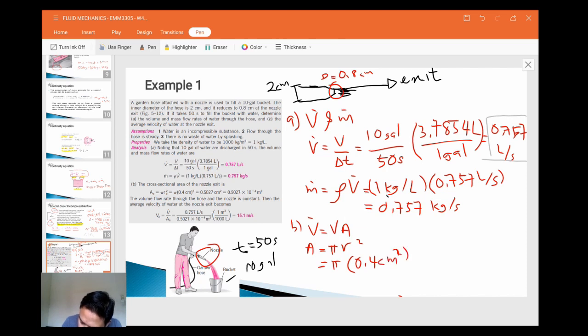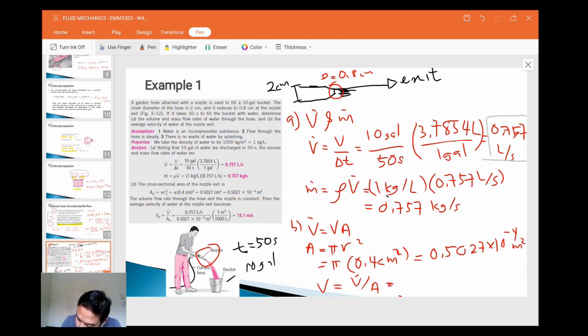So make sure you change everything in meter cube, so you will get 0.5027 times 10 to the power of negative 4 meter cube. So back to this equation, we can get the velocity is equal to V dot divided by A.